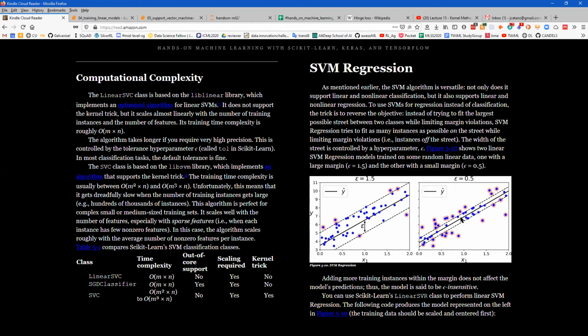If you have 1,000 data points and 10 support vectors, then that bound on your generalization error is 10 over 1,000, or 1%. That means that when you apply your model to new data, its accuracy will be at least that good. That's a really interesting property of support vectors.